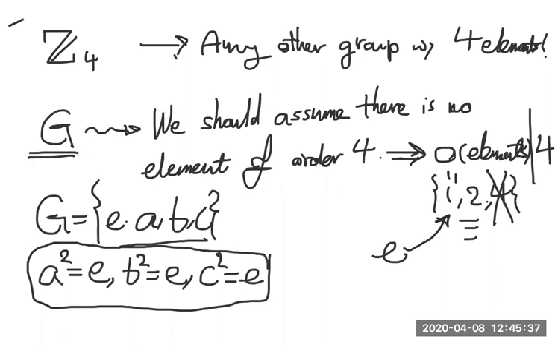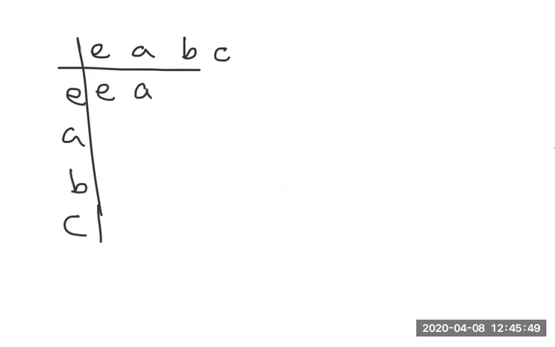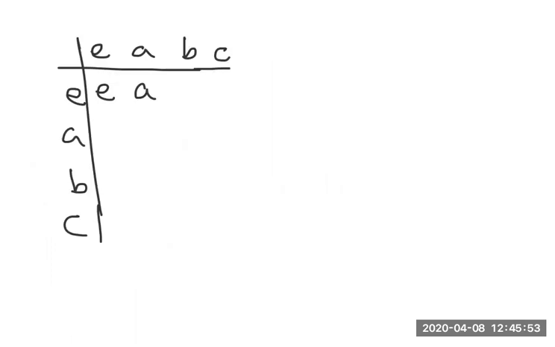Okay, let's use this as a fact to see what we can do. We have our table, E, A, B, C, E, A, B, C. A squared is identity. B times B, B squared, is identity.